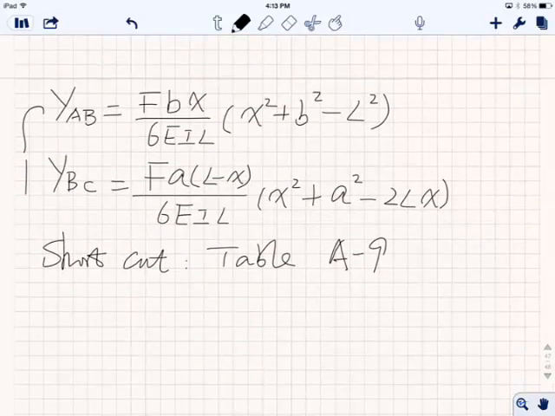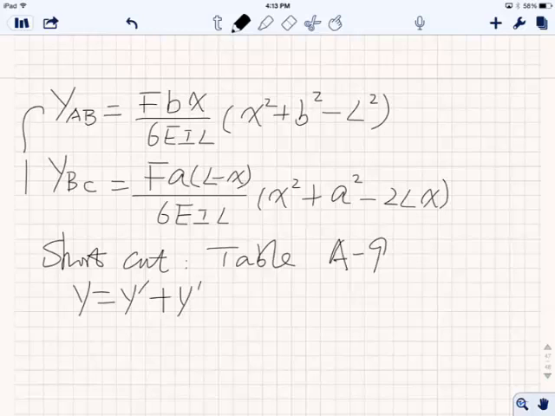Okay. So remember, we have this. Now we solved for this, and I just gave you this, or you can find it from the back of the table. All right.